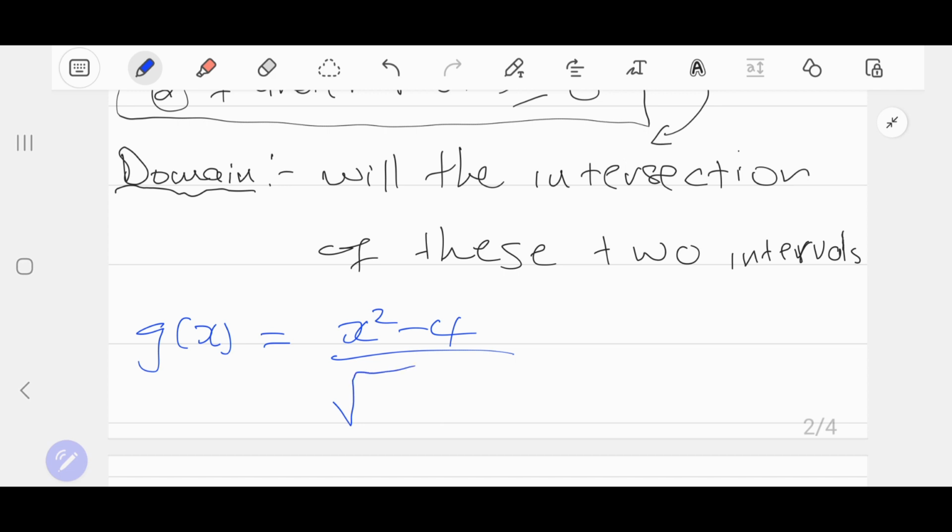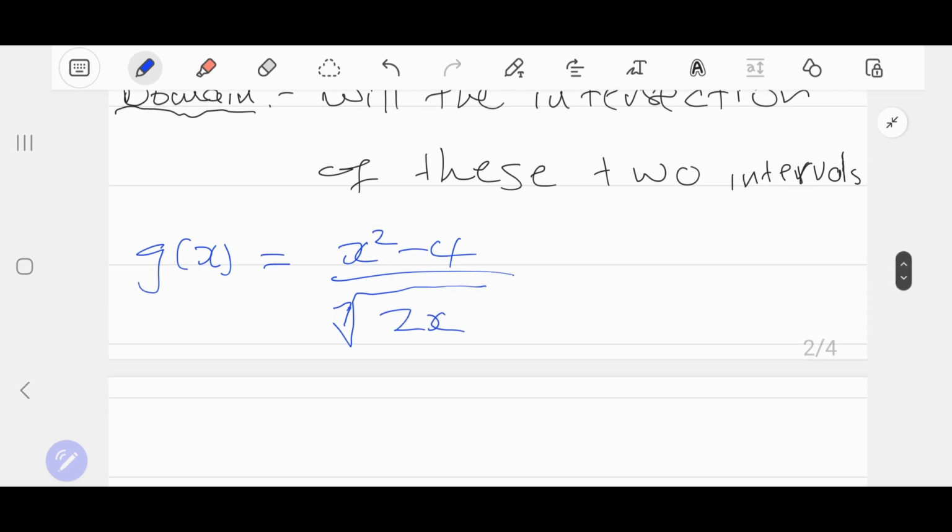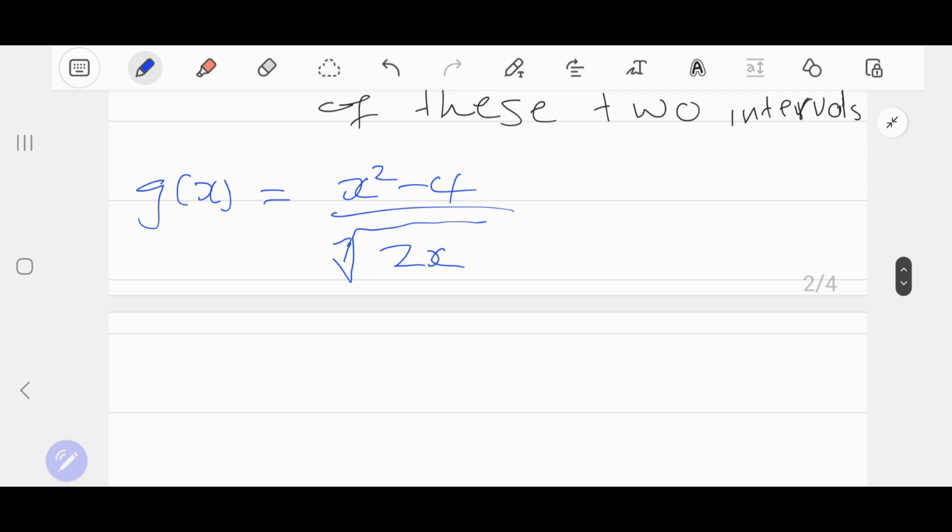But now things have changed: the bottom part, people, is 2x. Okay? Here, people, there is not much restriction in this case.